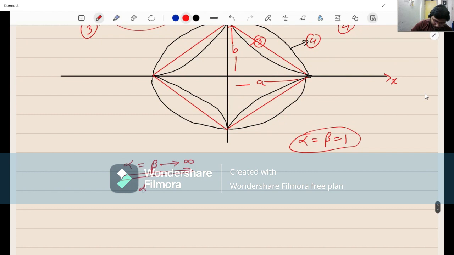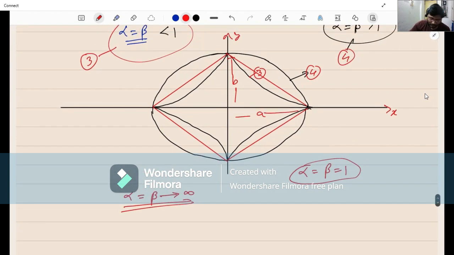Here you see that as alpha increases from 1 to greater than 1, the curve expands on the xy plane, and it keeps on expanding but keeps fixed those points where it intersects the axis, like this point, this point.